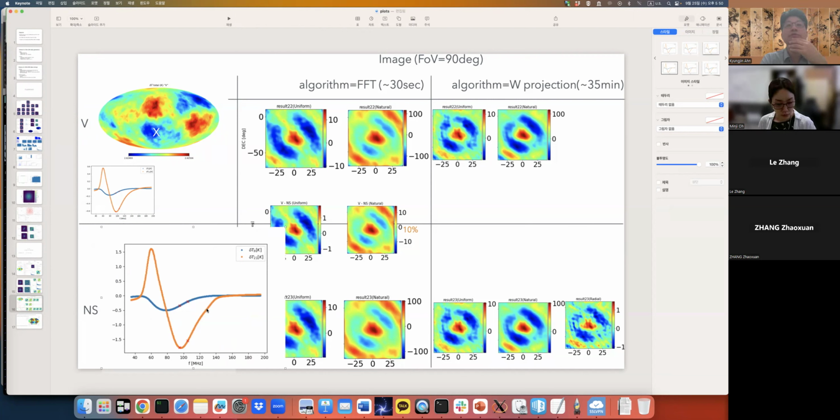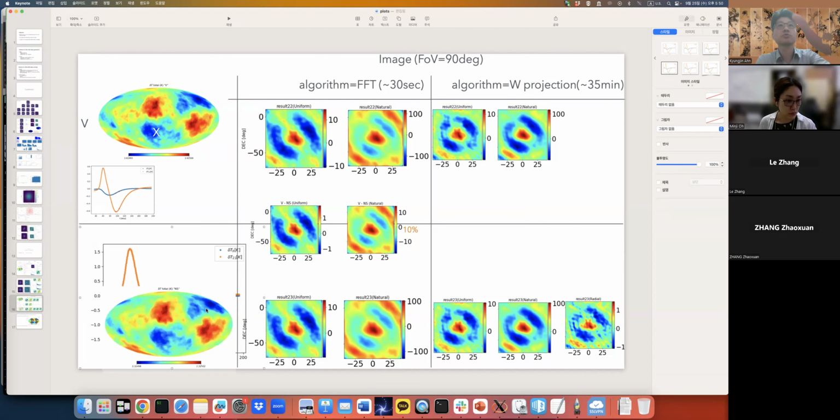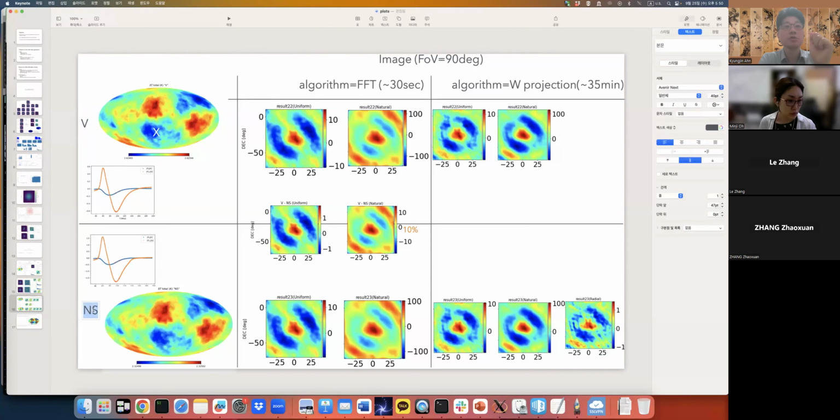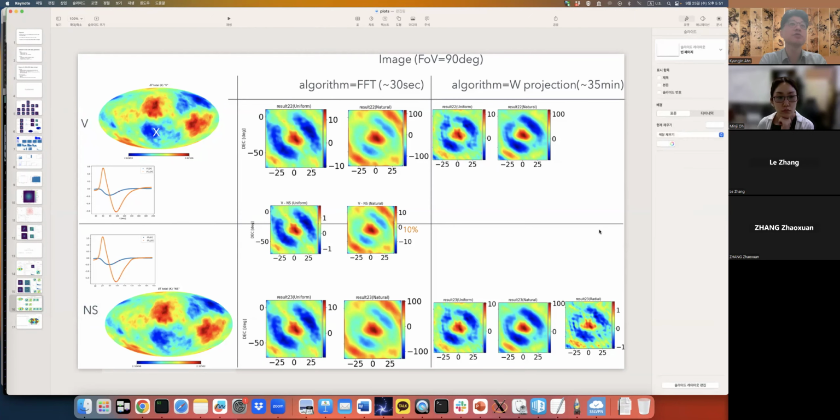Whatever you do, W projection or whatever, the image you get out of both the V and NS, they have to be about 5 times different, or about 2.5 times different, something like that, because the ISW effect becomes stronger for the NS.